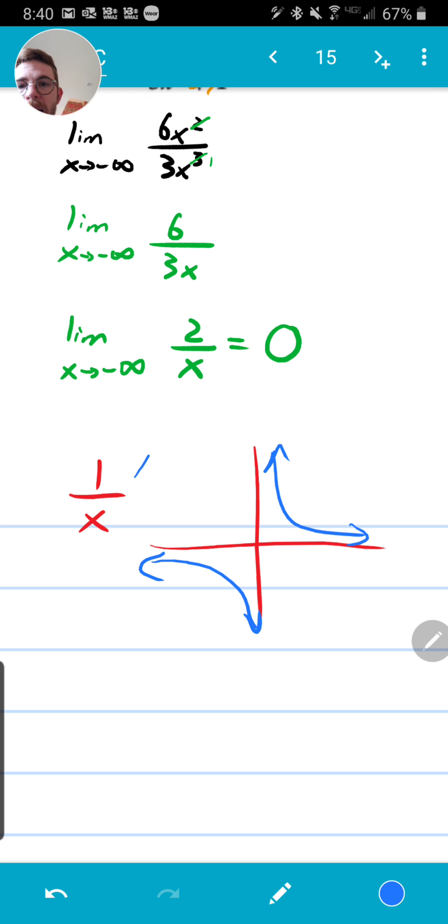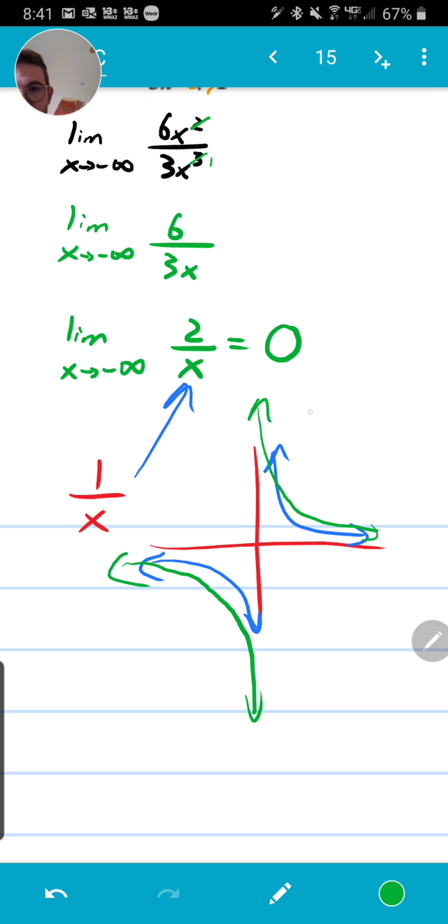Well, all that's happened here is we had a vertical stretch by 2. We've multiplied it by 2. And if we stretch it by 2, all that really changes, I'll do it in green, is it would just be stretched a little bit. This.